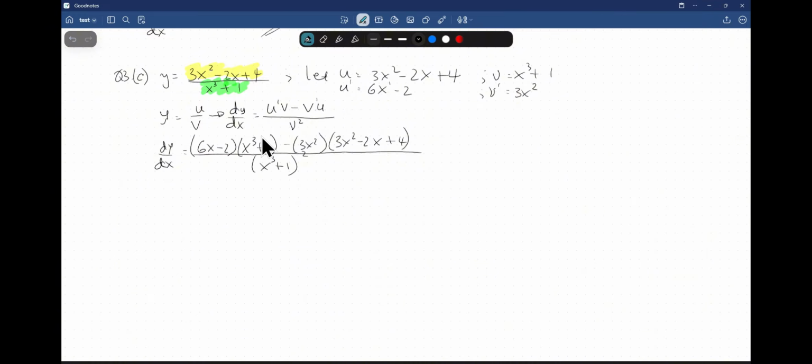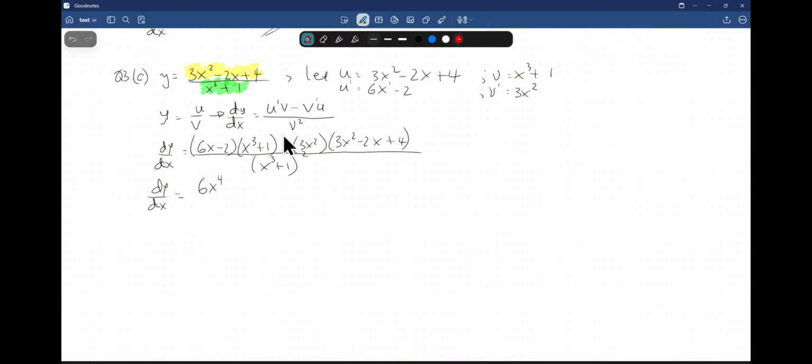So multiply all of these, and then all of this with this, and then find the common variables. If we do that, let's just do it. 6x multiplied by x cubed will become 6x to the power of 4.